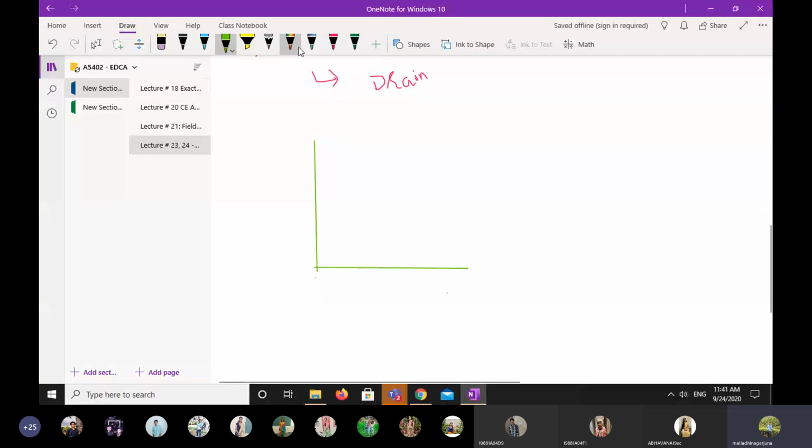So this is ID, this is VGS, and the characteristic will be like this: as VGS increases, ID increases. The voltage which is used to start the conduction we call the threshold voltage. We can call it VTN, since it is the n-channel threshold voltage.